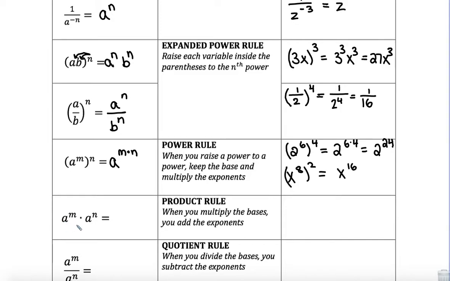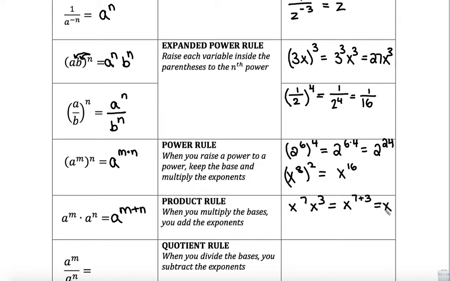Now say you just have two different terms being multiplied together and they have the same base. So a to the m times a to the n, this is when you add. This is when you would make it a to the m plus n. For example, if I have x to the 7th times x cubed, that's just x to the 7 plus 3.